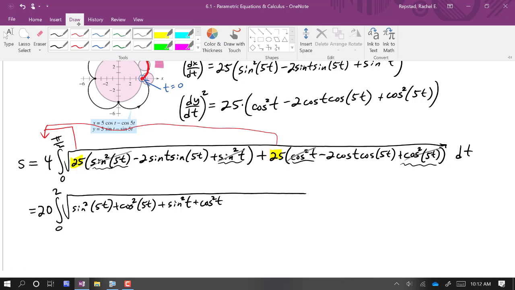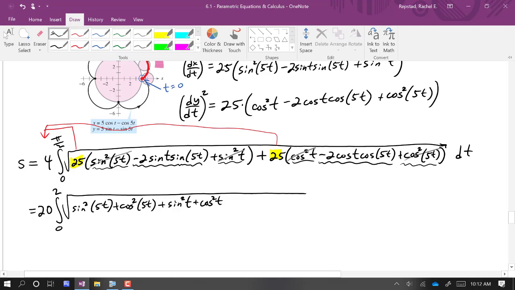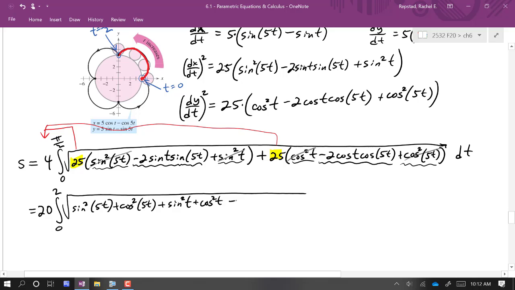And now what's left is minus 2 sine t sine 5t minus 2 cosine t cosine 5t. That's all under a radical, which we're integrating with respect to t.